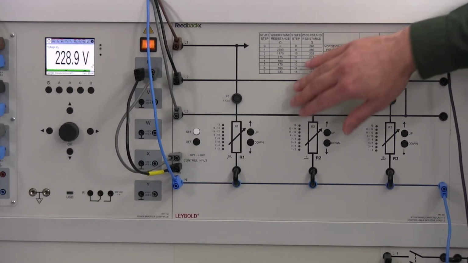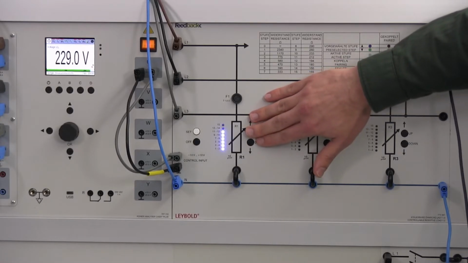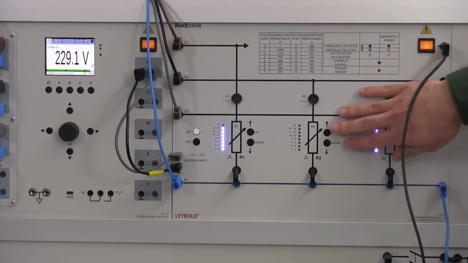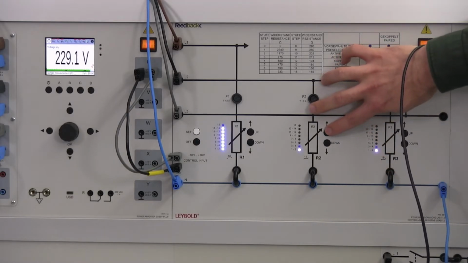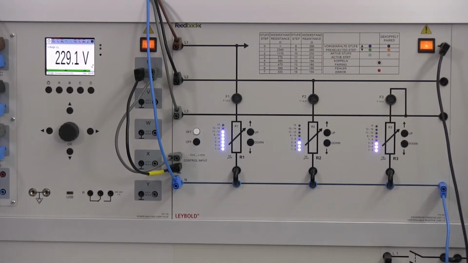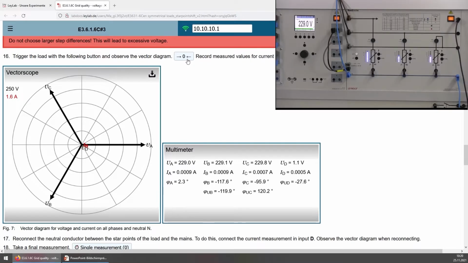So I will dial in load level 13 at phase 1, and I will couple phases 2 and 3 and dial in load level 7. Then I come back to my lab doc, where I can trigger the load using the following button. And please pay attention to the vector scope during this.